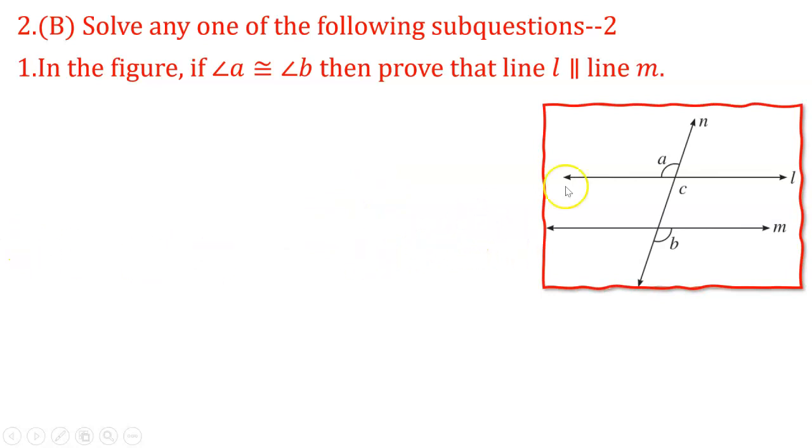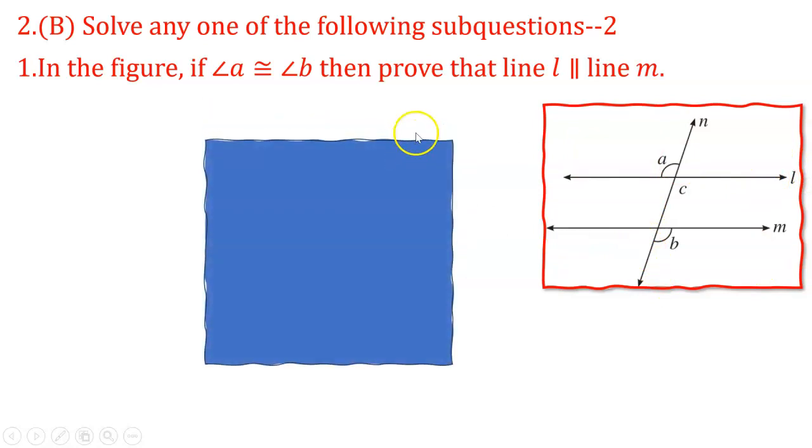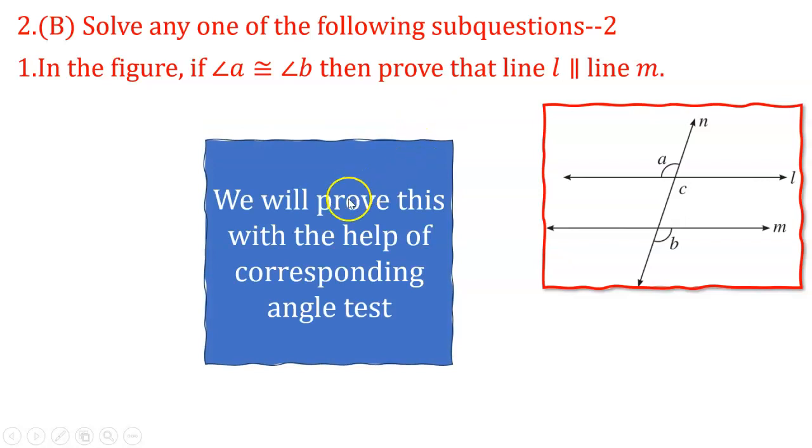This figure, that is angle A is congruent to angle B. A and B हे exterior alternate angles आहेत. Then we want to prove that line L is parallel to line M. Now first, we will prove this with the help of corresponding angle test च्या साहाय्याने आपण हे प्रूव्ह करणार आहोत.